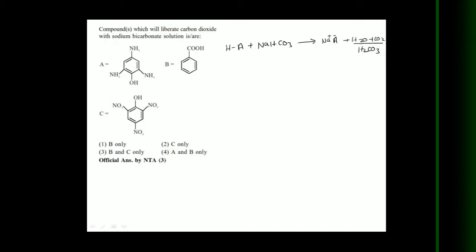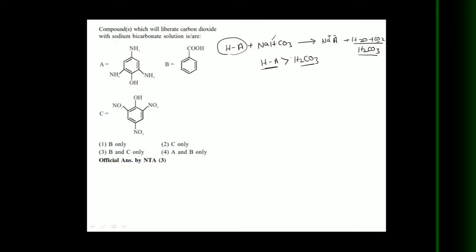So the point is the compounds which are more acidic than the carbonic acid can react with sodium bicarbonate. That means simply stronger acids can react with sodium bicarbonate and liberate CO2 gas.